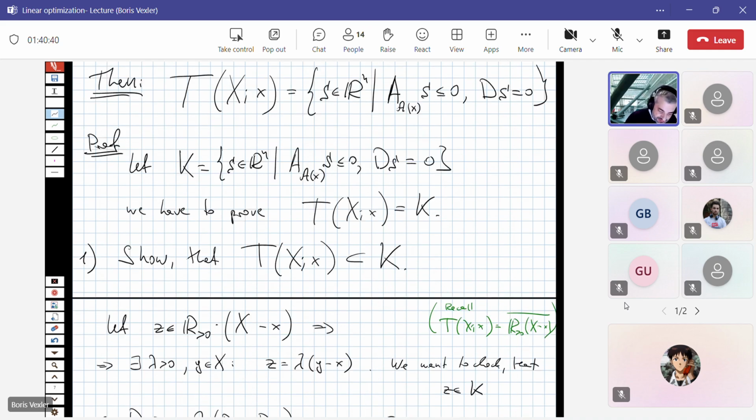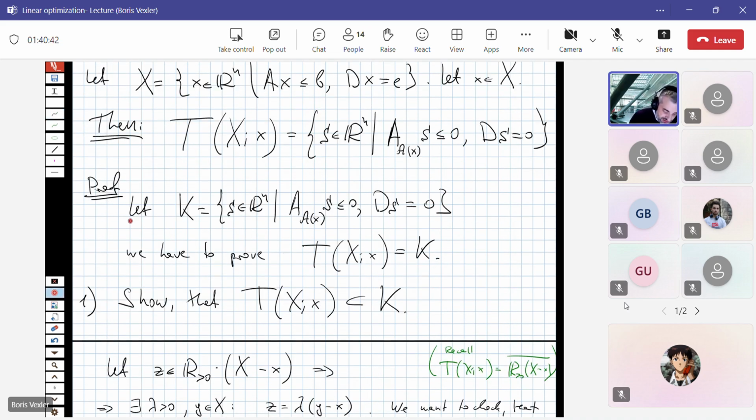It's quite easy. How to check that K is closed? You have to take a sequence in K, a sequence s_k converging to some s. And of course, if the sequence is converging, then both conditions will be fulfilled also for the limit point, and therefore the set capital K is closed.